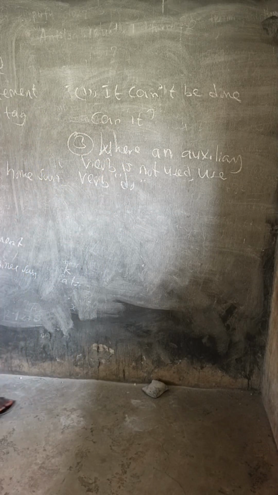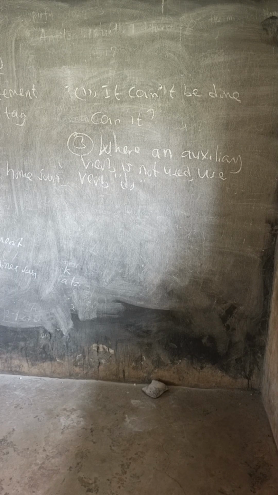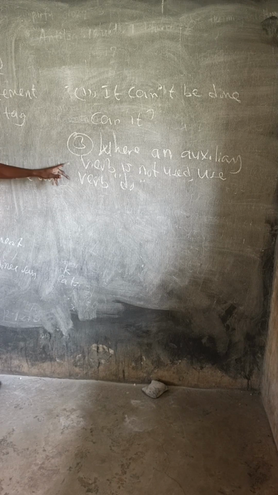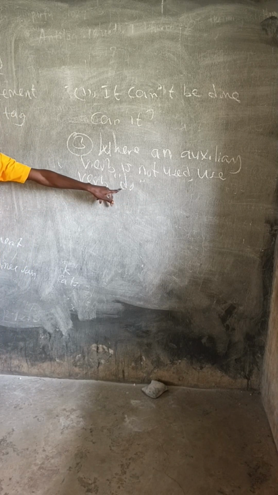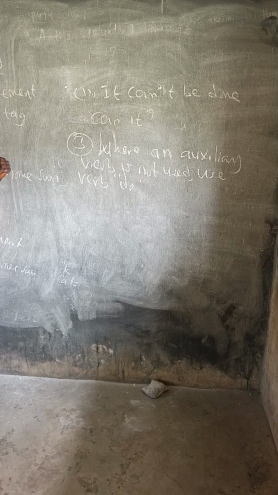So where there's no auxiliary verb, don't forget I said that ordinarily in English language teaching, in question tags, you are making use of an auxiliary verb generally. So this third principle is now telling us that where there is no auxiliary verb, what do you do? In this case now, you apply the verb "do" to get your tag to add to the question.